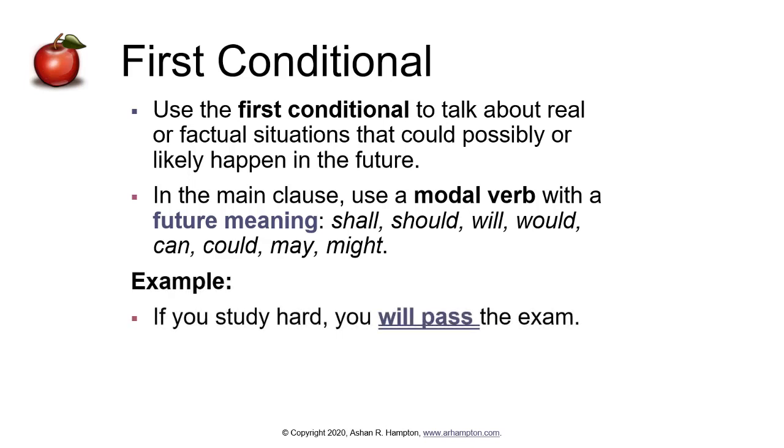For example, if you study hard, you will pass the exam. Notice the underlined verb will pass. Will is a modal. Pass is the regular verb there. So will pass is the verb phrase. That's what we mean by using a modal verb that expresses future meaning.